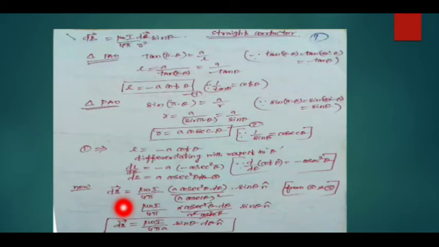Finally, dB is equal to mu naught I divided by 4 pi A, because A square over A remains A, into sine theta d theta into n cap. This is the magnetic field around the current carrying conductor. dB is equal to mu naught I divided by 4 pi A into sine theta d theta into n cap. n cap is the unit vector representation, right?